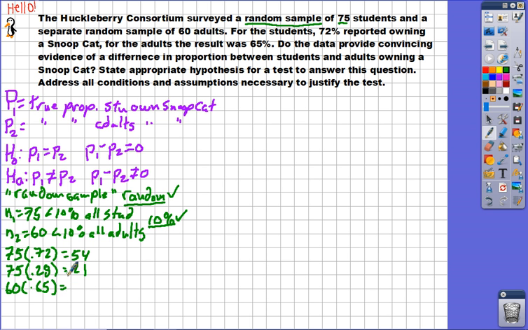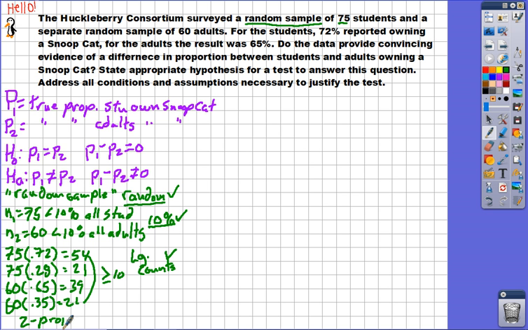If we multiply that out, we get 39. And then times the failure rate, 60 times 0.35, we get 21. All of these are greater than or equal to 10. So large counts, check.